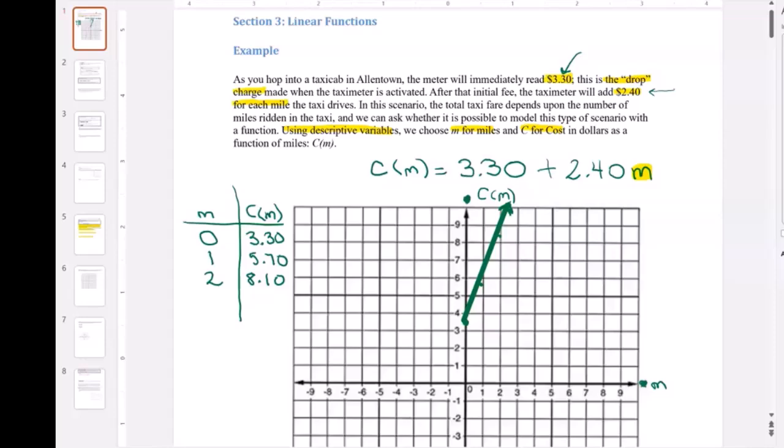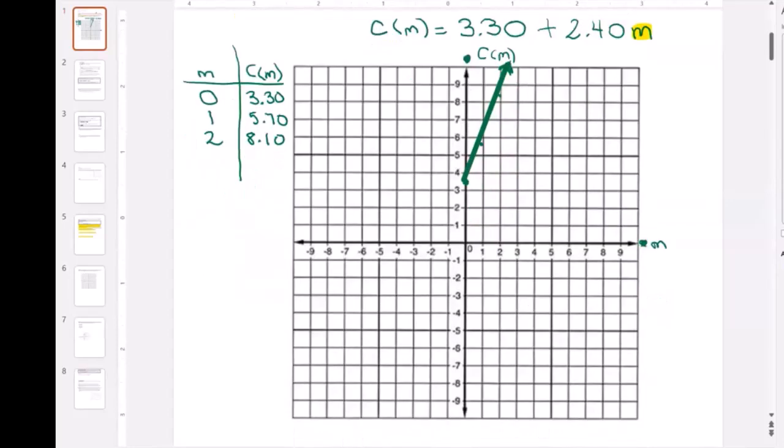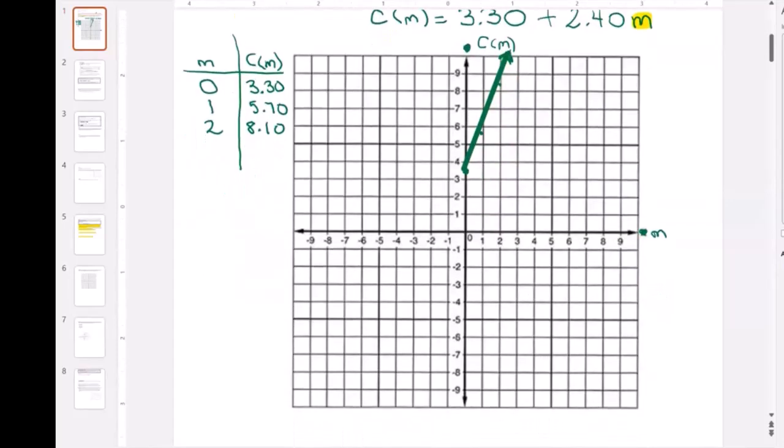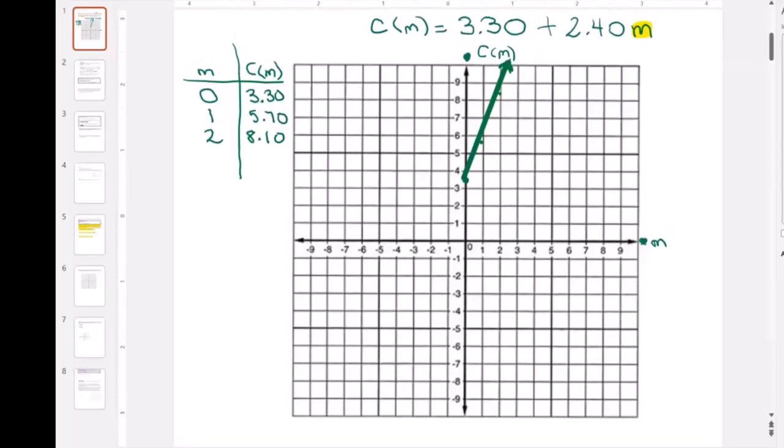Okay, now let's talk about what this all means. We have this equation, and if we were to say y is equal to mx plus b, because that is the equation of a line in slope-intercept form, I can replace this by saying C of M is equal to, and I'm just going to switch the order because my M is really the same as my x here.